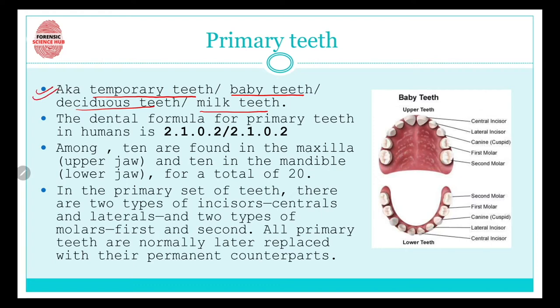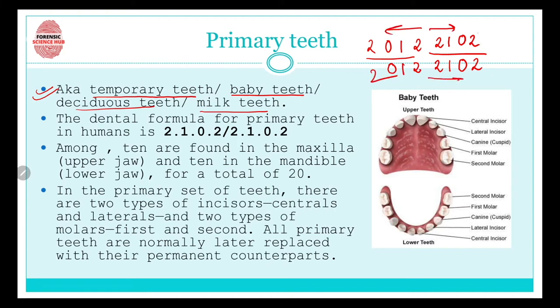The dental formula, this is important, for primary teeth is 2102 by 2102, and similarly 2102 by 2102. So it has to go like this. This is for the upper jaw, and this is for the lower jaw.